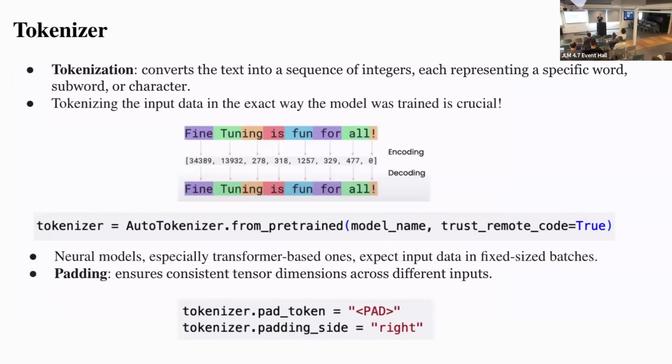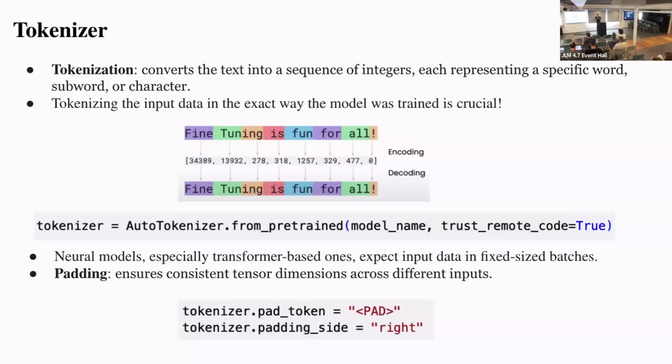Okay, next thing we need to care about is the tokenization. We have seen it in the example with the transformer architecture. Tokenization is the process of converting the text into a sequence of integers, each representing a specific word, a subword, or a character.